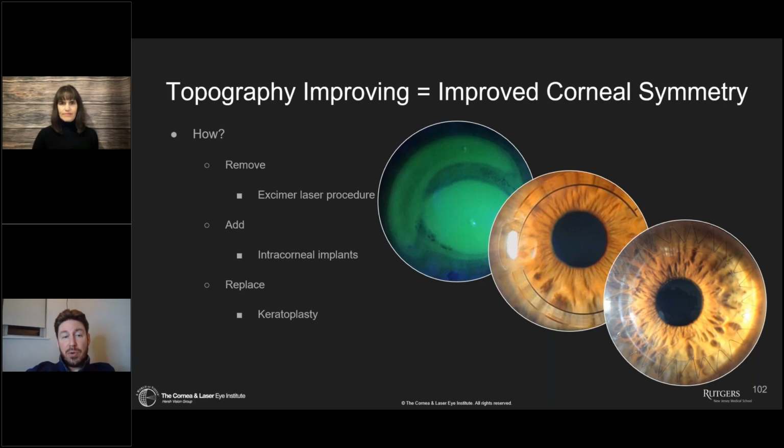Now, why can we do removal techniques? It's because of cross-linking. We've now strengthened the cornea, so we can remove just a little bit of tissue and not destabilize it. It's been shown long-term to be stable with the Athens protocol and the 10-year data on that.